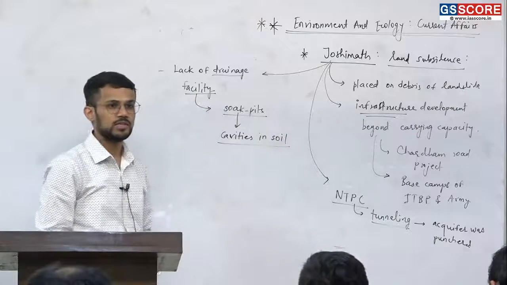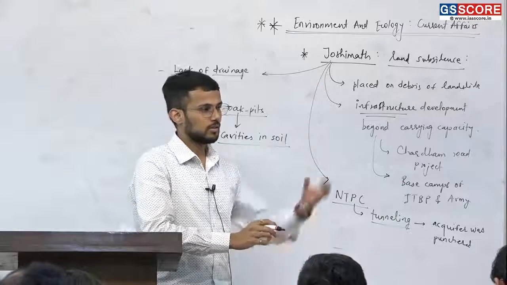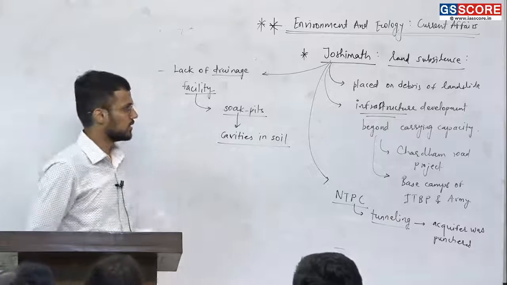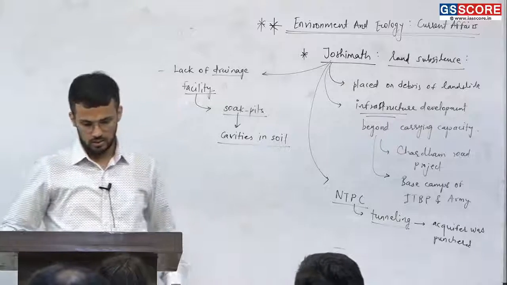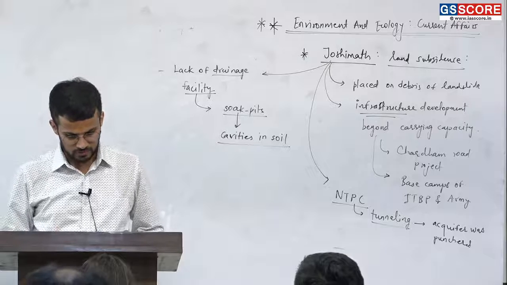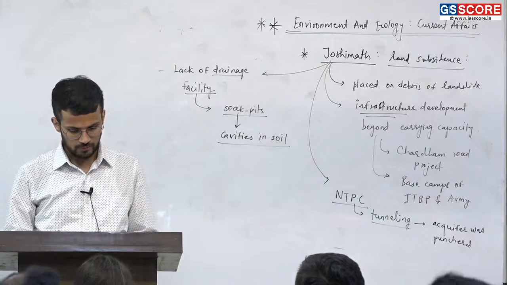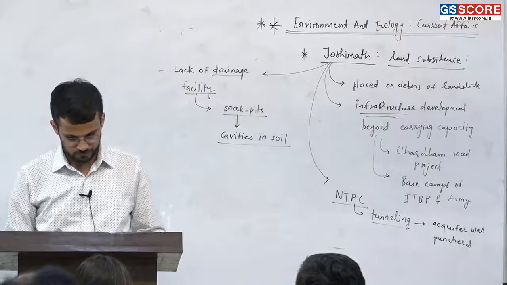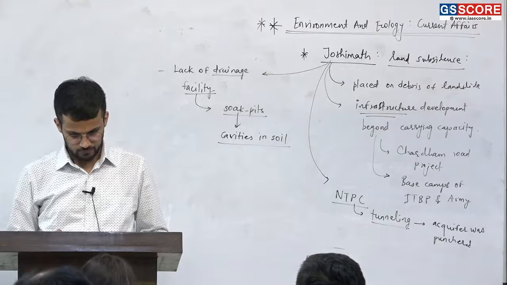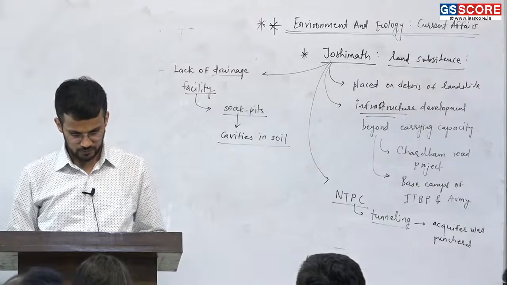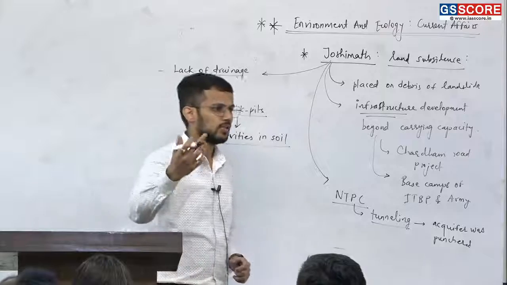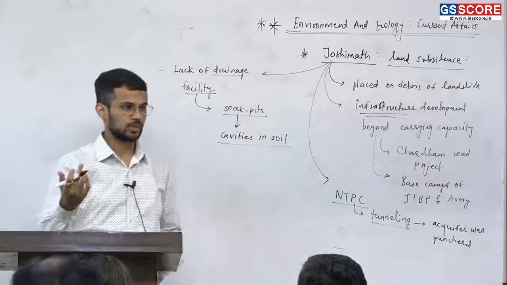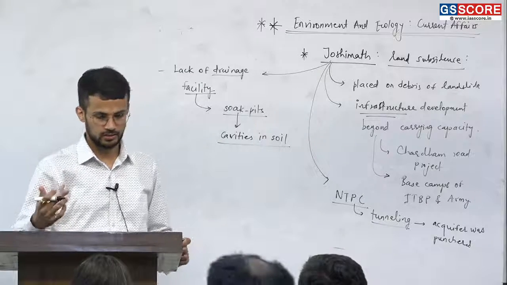And due to the production of these cavities, there may be land subsidence. Fine. So these are different reasons because of which Joshimath has faced land subsidence. And then you can add those points that it is already a fragile ecosystem wherein developmental activities and tourism activities are going on at a large scale.